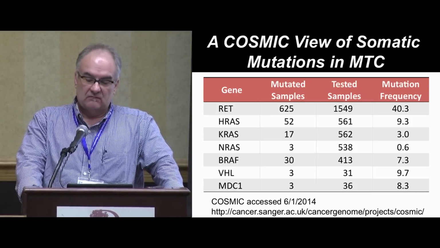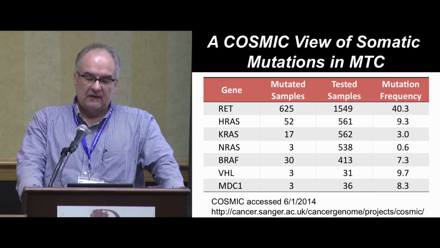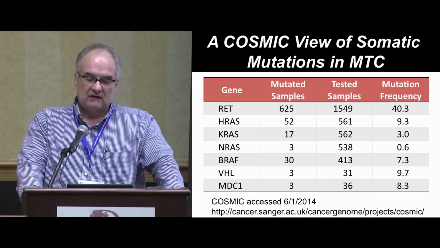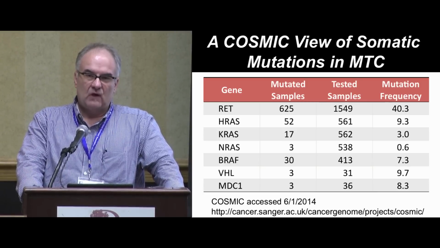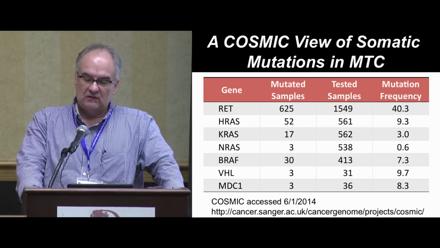But guess what? There are other mutations found. If you go down and look at the next 3 genes, they all have the word RAS in it, R-A-S. There's HRAS, KRAS, NRAS. There have been fewer tumors looked for this. It's 550, 560 tumors.